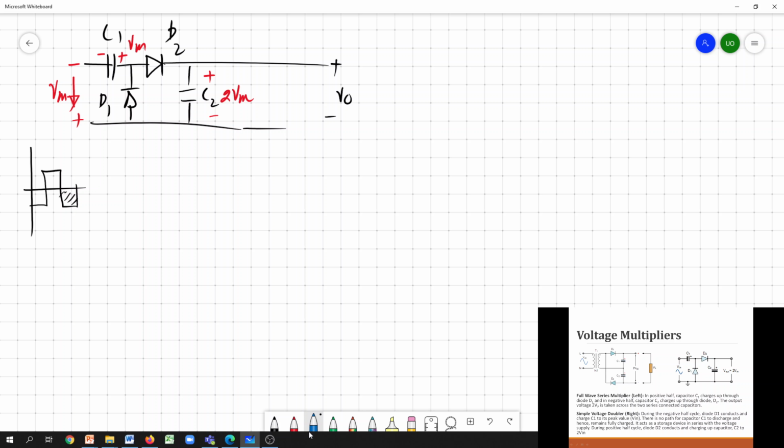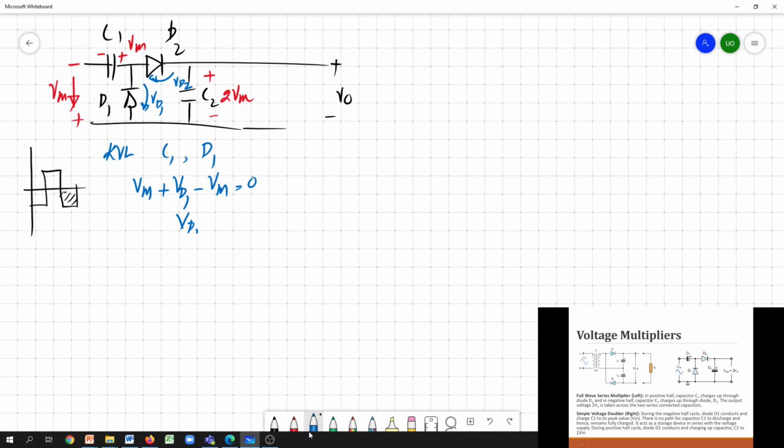Okay. So what happens to the diodes? Let's apply Kirchhoff voltage law for C1 D1 to find out the actual voltage across these diodes. So if you apply Kirchhoff for the C1 D1 circuit, Vm plus Vd1 minus Vm equals 0.